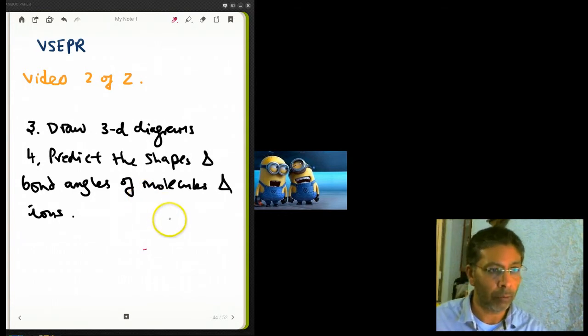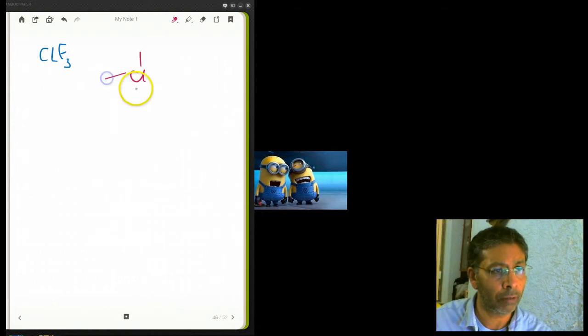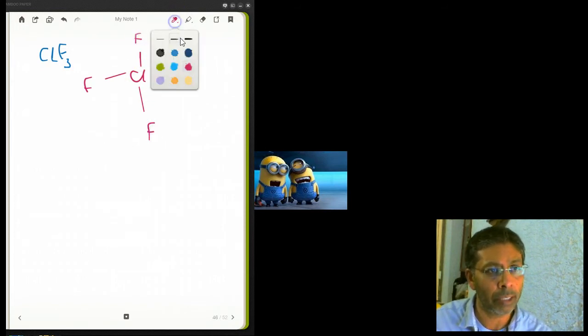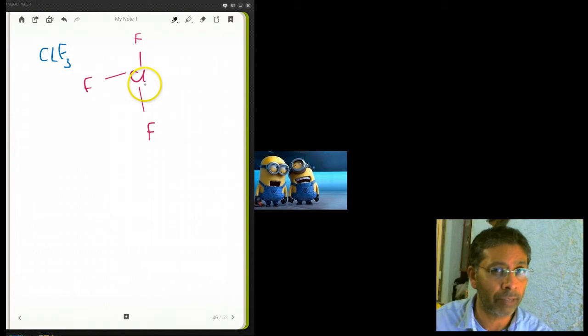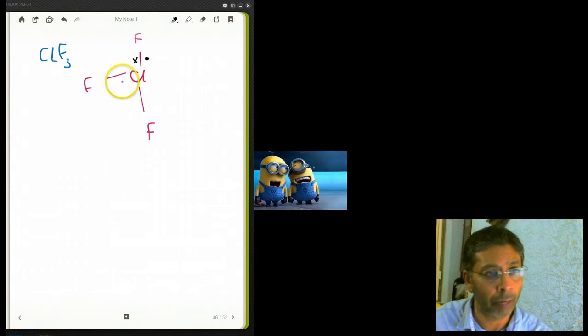So let's start off then with any old one, just to have a look. Okay, here we are, ClF3. That's not the final drawing. Now here the key is to write down or draw in the electron pairs. So chlorine is in group 7, so it should have 7 electrons in its outer shell. It's using one there, that's fluorine's electron.